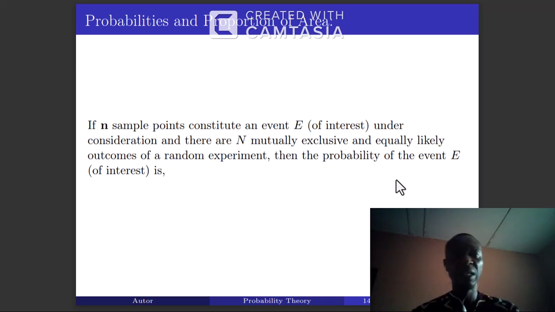Now, if we have n sample points and there is an event E, and there are n mutually exclusive and equally likely outcomes of a random experiment, then the probability of an event E: event is your interest, like the probability of getting a boy, probability of scoring A, probability of getting employed and all that.